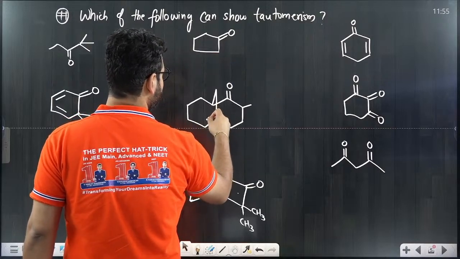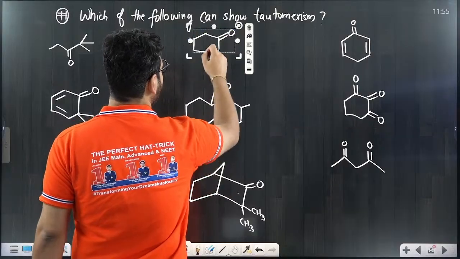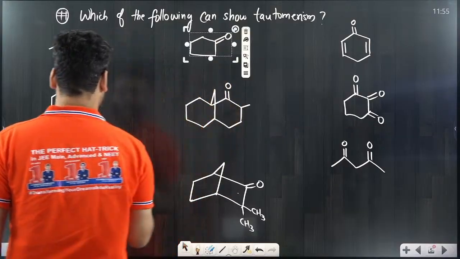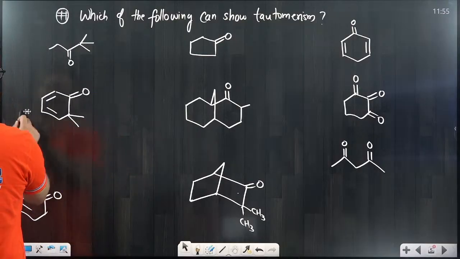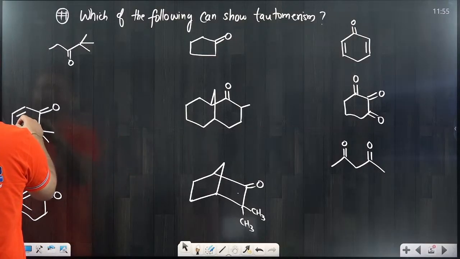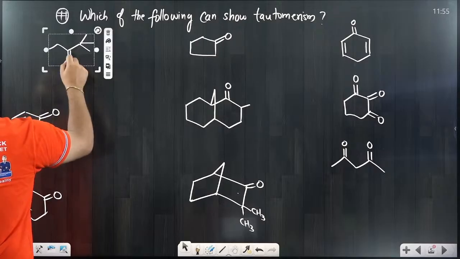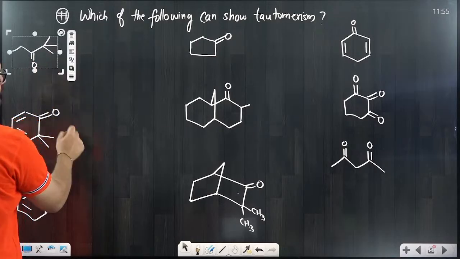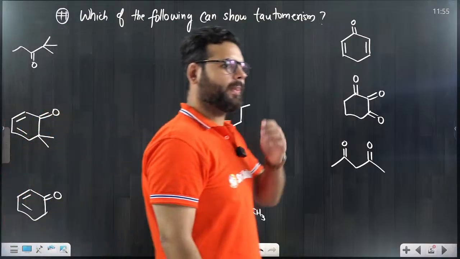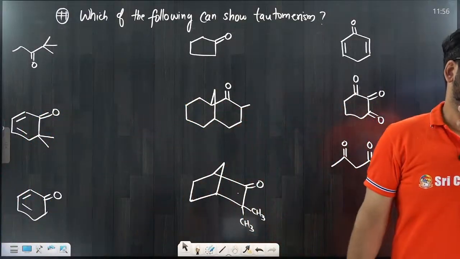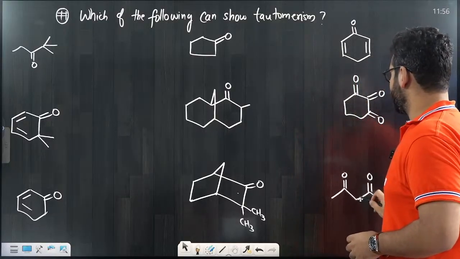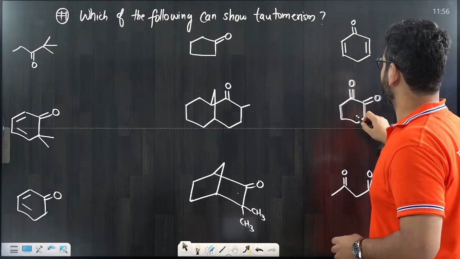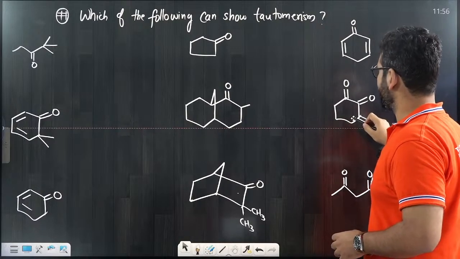In this, a few cases are there which we need to remember as important ones, and remember how their enol form looks like. Let's look at the first one, everybody.